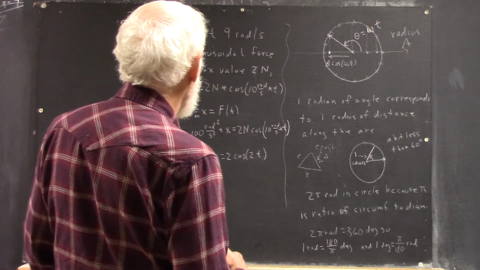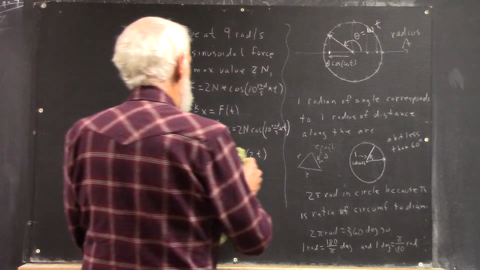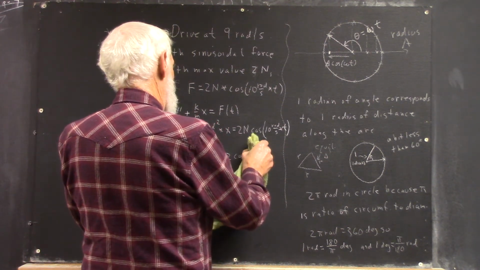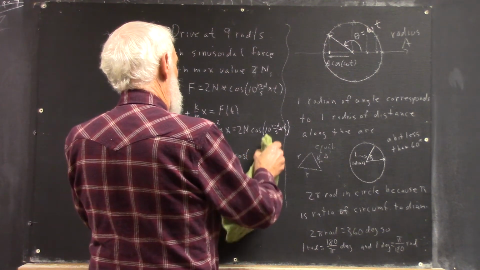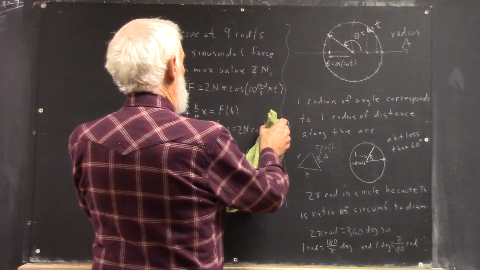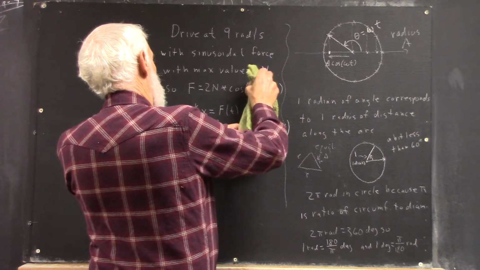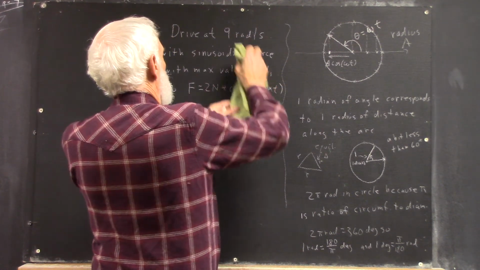I really don't want that to be an integer. I want it to be a multiple of pi.